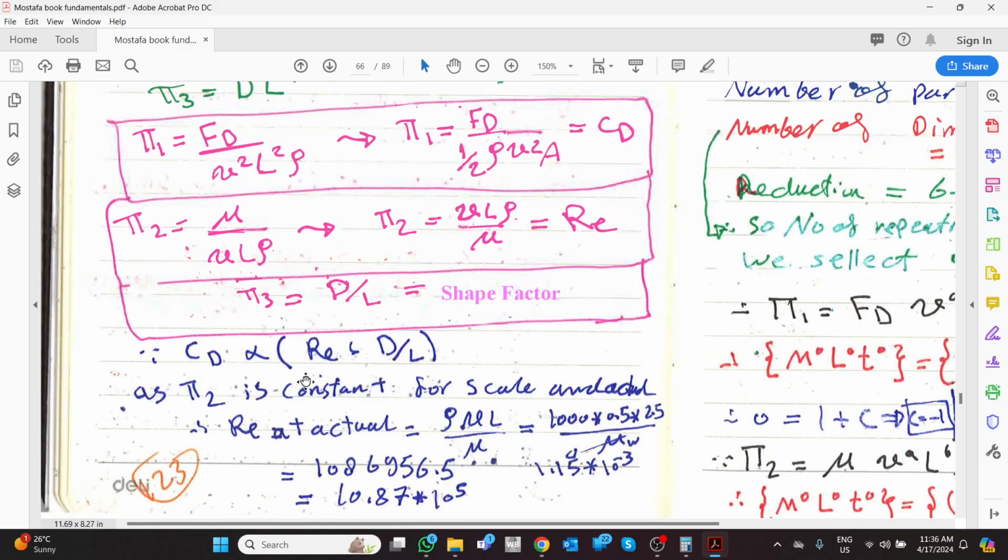So we can state that pi 1 is a function of the Reynolds number and the shape factor, which is D over L.